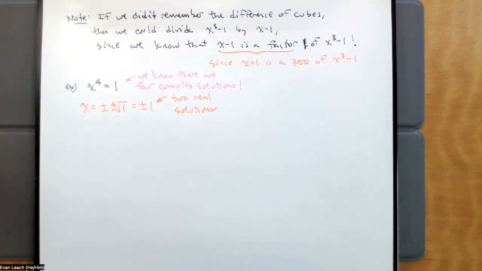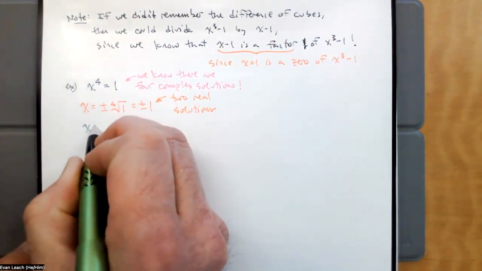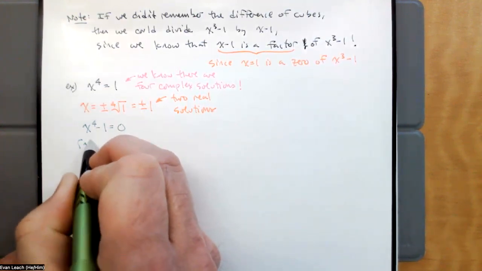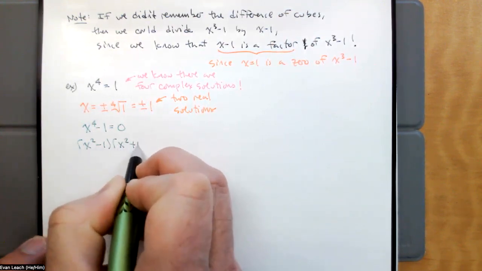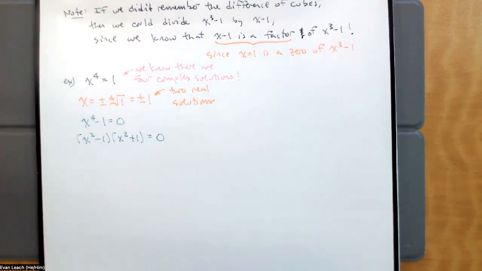Let's come at this from a polynomial standpoint. Subtract 1 from both sides, have x to the 4th minus 1 equals 0. I can start to try to look at this polynomial as a product, and then I could make each of the factors equal to 0.